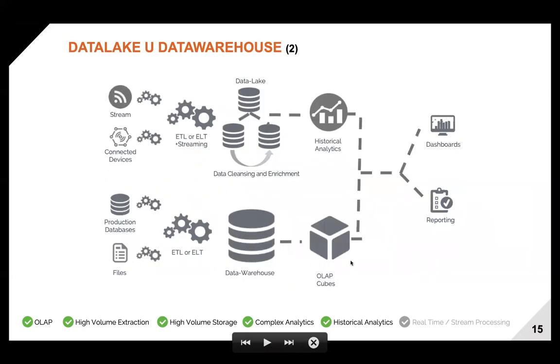We can find also a second architecture with the integration of the data lake, but by having data lake and data warehouse in parallel. So it will help to keep the historical data in the data lake, and then to have also the different analysis in the warehouse one.